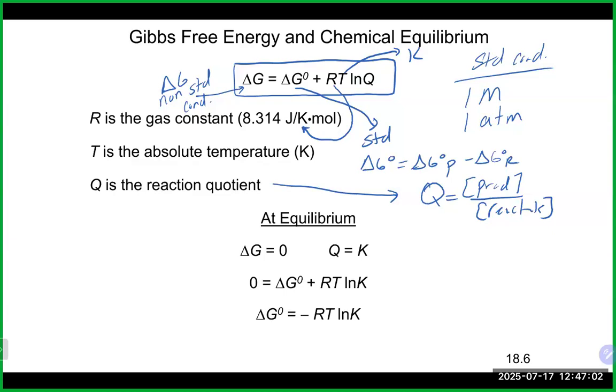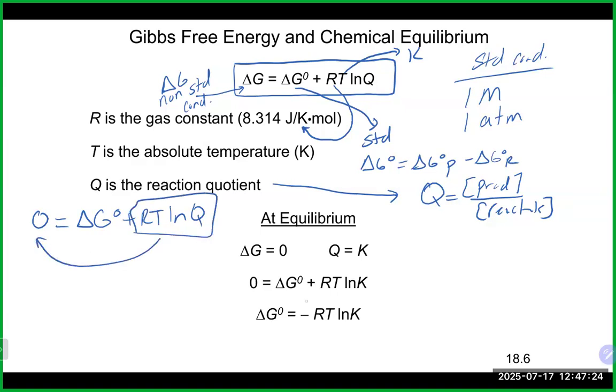Now, if we are at equilibrium, what happens to the top equation is our delta G there becomes 0, and our Q becomes K, and we end up with 0 equals delta G naught plus RT natural log of K. Bringing this whole thing to the other side gets us delta G naught is equal to negative RT natural log of K. So this one does have a negative in it.